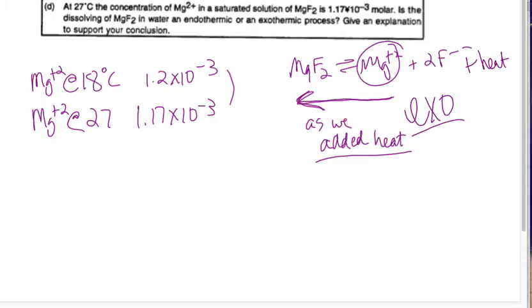Where do we write the word heat, reactant or product, so that when we increase it, thinking of Le Chatelier's principle, it would force a left shift? Over here. We go up from 18 to 27, increasing, shifts left, decreasing the concentration of that. So it's exothermic. You can't tell me that's not really interesting, the way things come together.